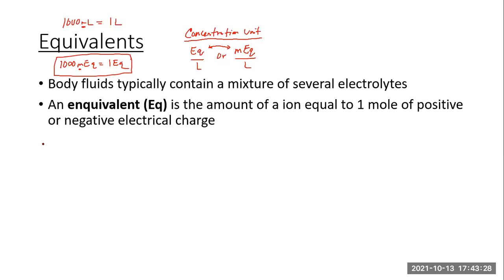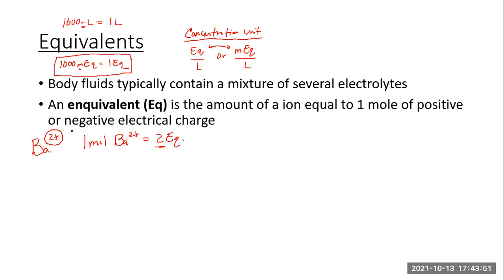We can get the conversion factor from the actual ion that's present. For example, if we had a barium ion, the barium ion has a +2 charge. In 1 mole of barium ion, there would be 2 equivalents.